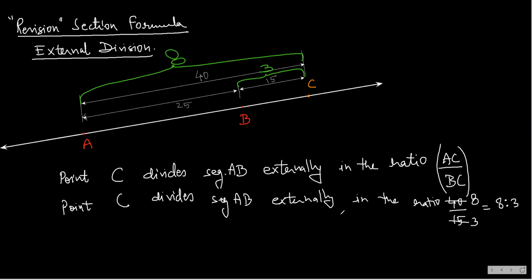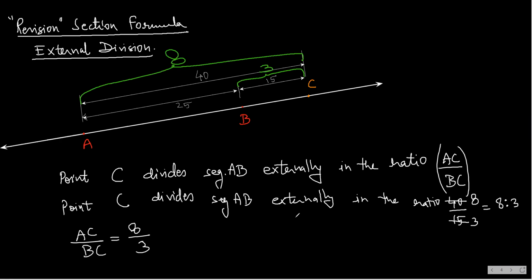See, when you wrote that C divides segment AB externally in the ratio 8 is to 3, you know it is AC upon BC, which is 8 upon 3. So A to C is 8 and B to C is 3.